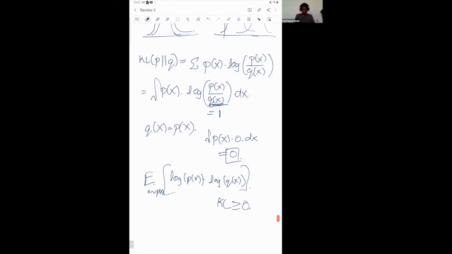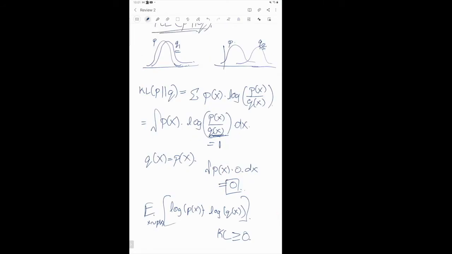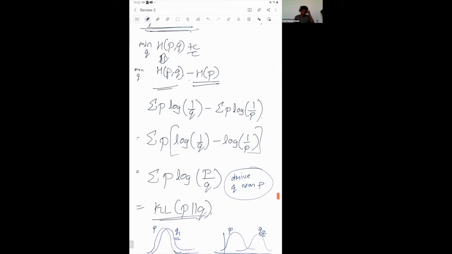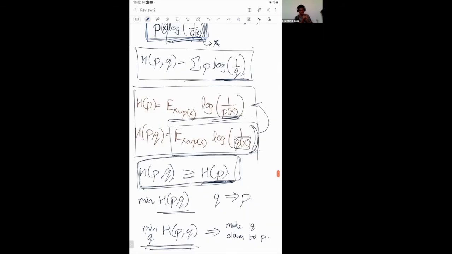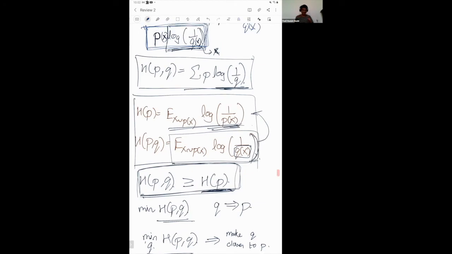Okay. Thank you. And if KL divergence and cross entropy are the same, then why do people use these names interchangeably, or why do they have two names? So again, cross entropy is not the same as KL divergence.